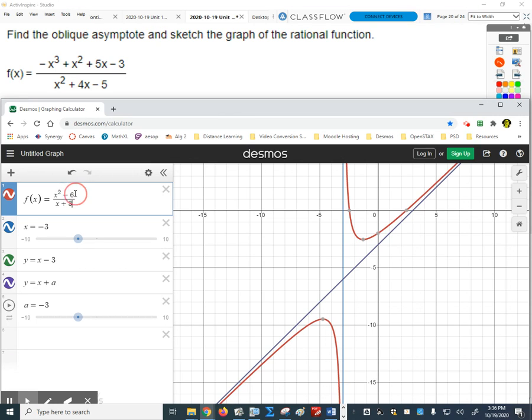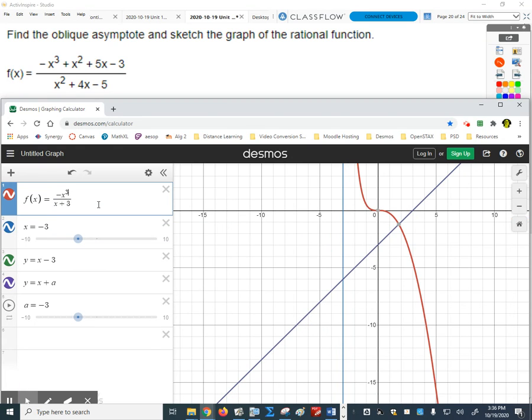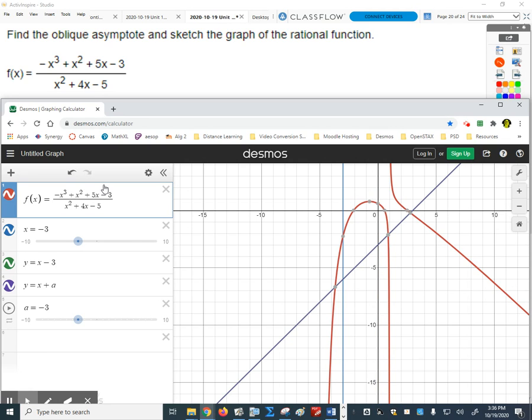So the top's going to be negative x cubed plus x squared plus 5x minus 3 over x squared plus 4x minus 5.